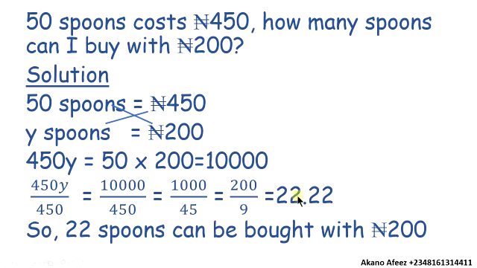We can't have 0.22 spoons. So that means we have 22 spoons. 22 spoons can be bought with 200 naira. With this 0.22, that means if we buy 22 spoons with 200 naira, we will be left with a token.